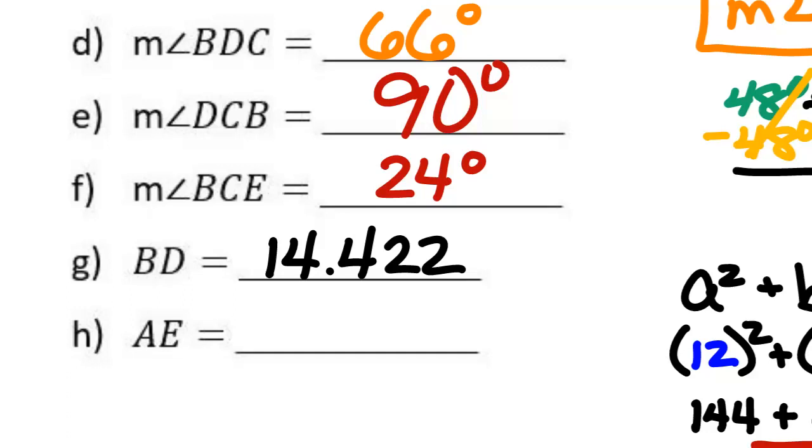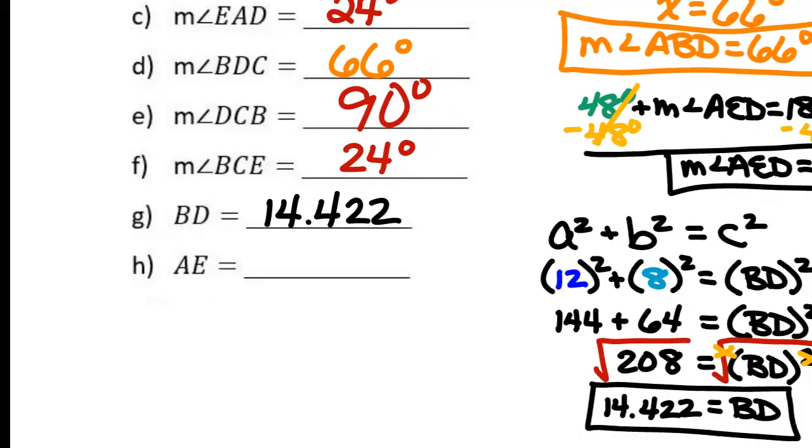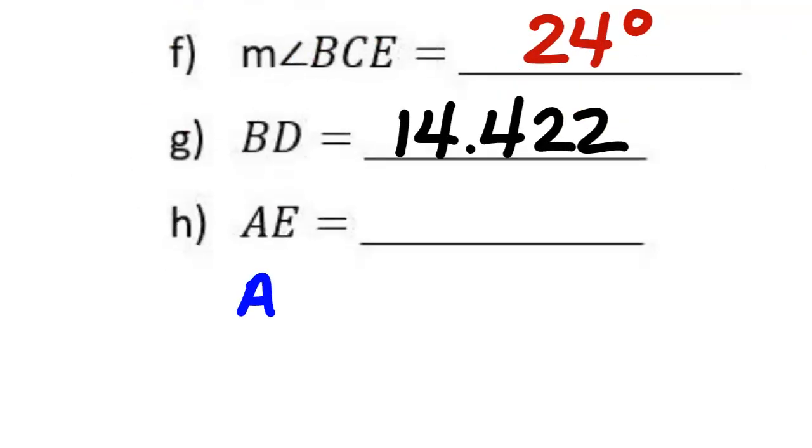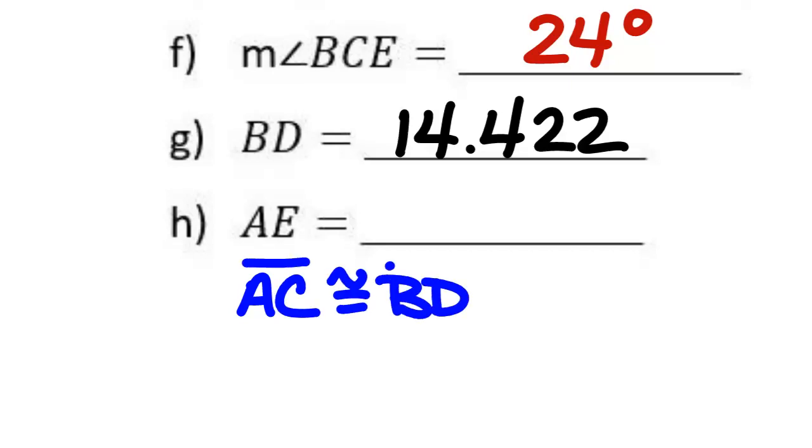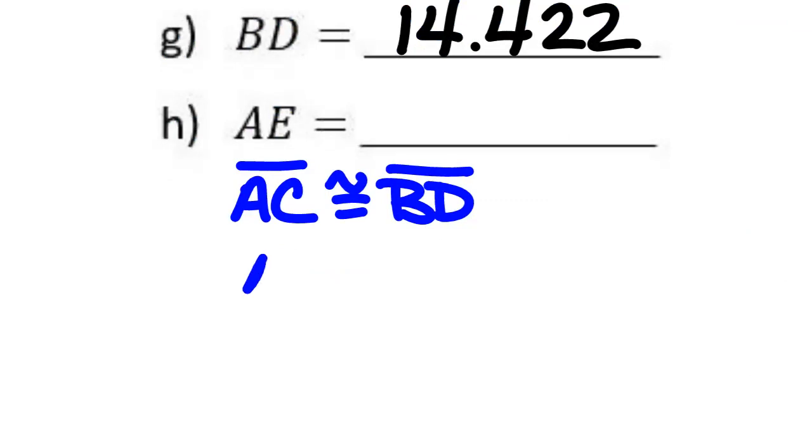If I know that BD is 14.422, how can I then use that to figure out how big AE is? Divide it by 2. Yes, BD and AC are congruent, so the measurement of AC and the measurement of BD are the same.